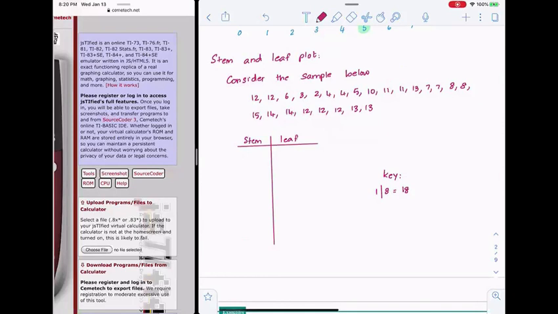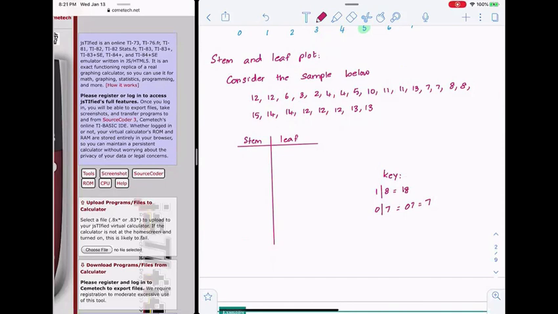So if I have a 1 in the stem side, 8 in the leaf side, then I would interpret it as 18. So if the observation is, say, 7, we will have 0, 7, which is 07, which is simply 7.